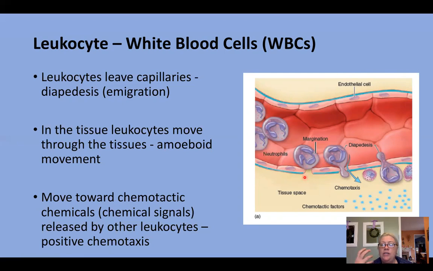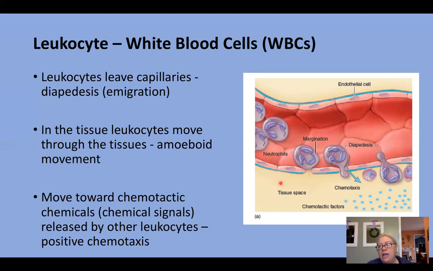And these openings are large enough for these white blood cells to actually squeeze through and move into the surrounding tissues. And the surrounding tissues are where they're going to find these foreign particles or abnormal cells that they need to get rid of. So in some cases, and I believe your reading really focuses on the word emigration.